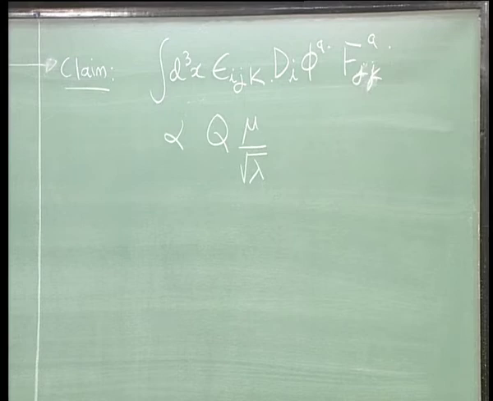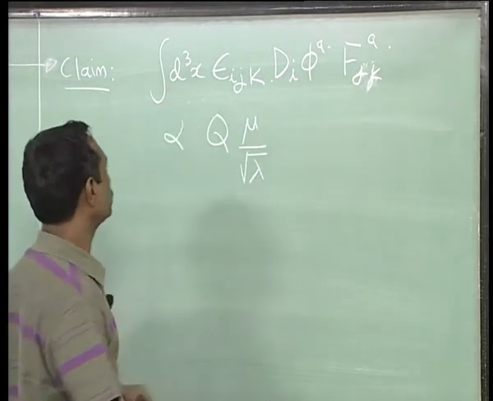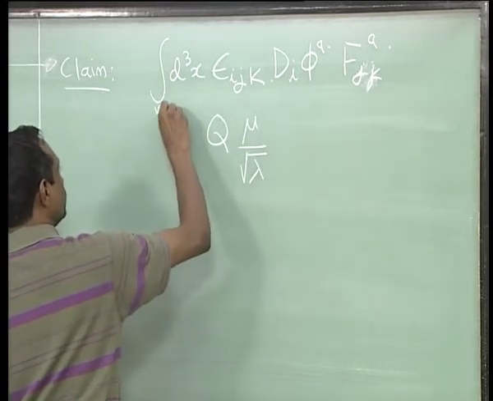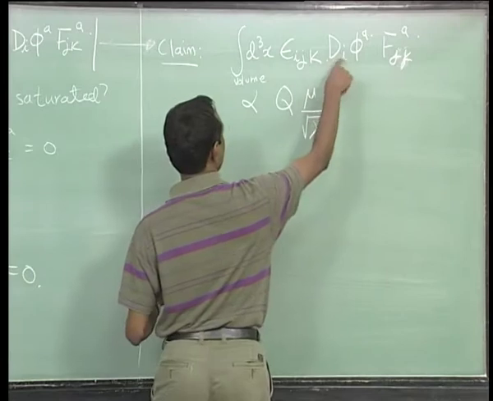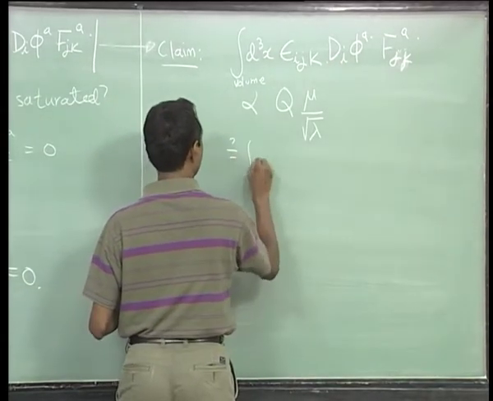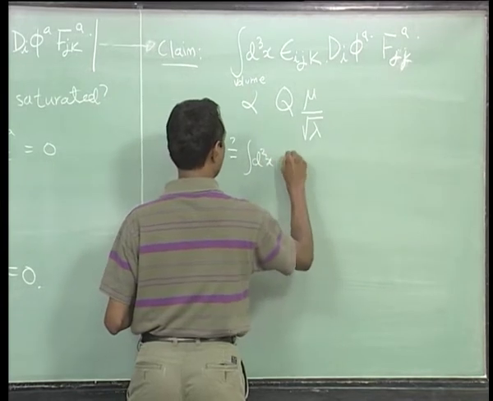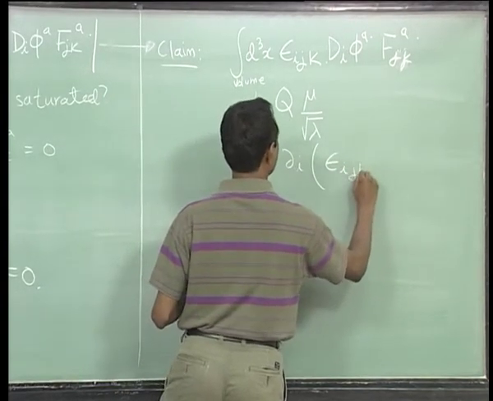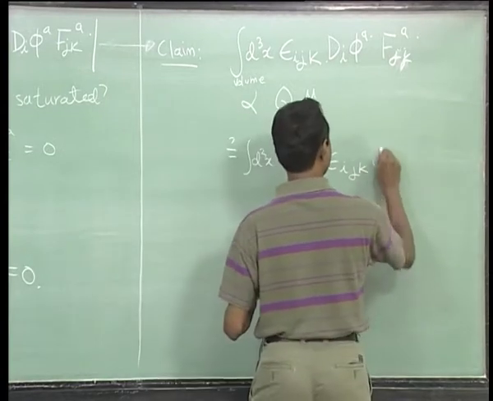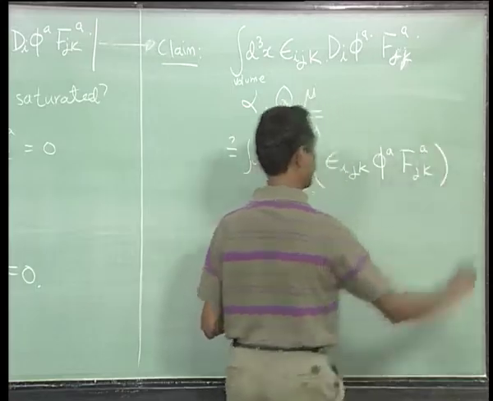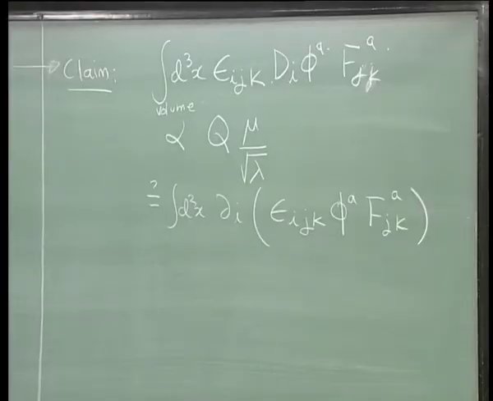So basically the way to see this is that I can pull this derivative out, and this is a volume integral in 3 dimensions, and we can convert this into just an ordinary derivative. Okay.